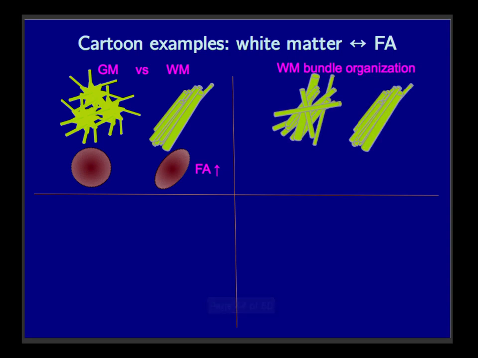All right, how about in this case? So now I just have white matter and white matter. So which one will be pointier? Which one would have a pointier diffusion shape if I measured it? Left or right? To the right? Okay, and why is that? They're both white matter, so why should one be different than another?